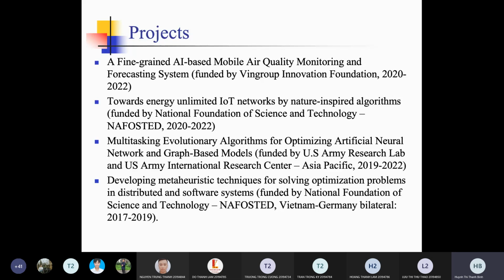And the last one already finished, but we still continue this research direction and developing meta-heuristic technique for solving optimization problem in distributed and software system.